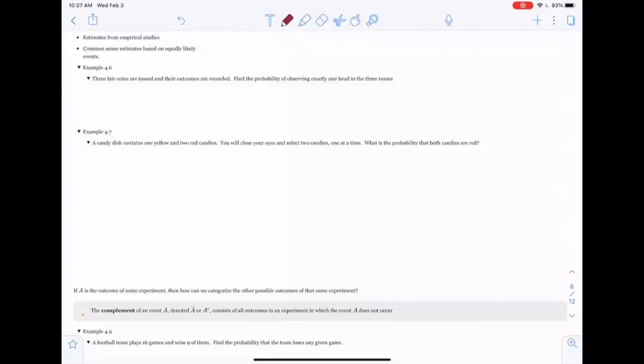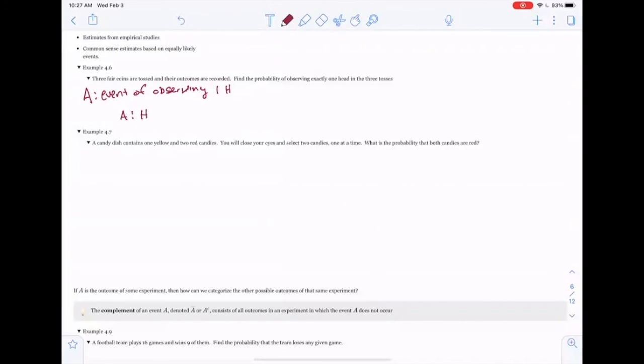So let's look at some examples of this. Let's look at this first example. 3 fair coins are tossed and their outcomes are recorded. We want to find the probability of observing exactly 1 head in these 3 tosses. So we'll let A be the event of observing 1 head.